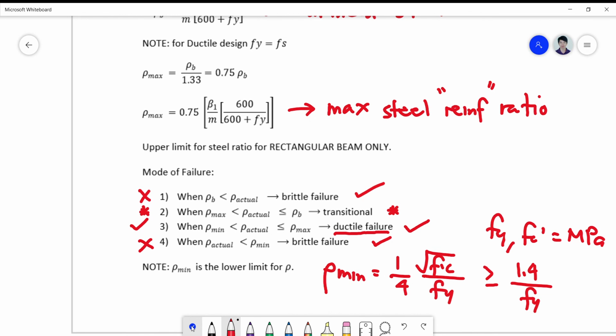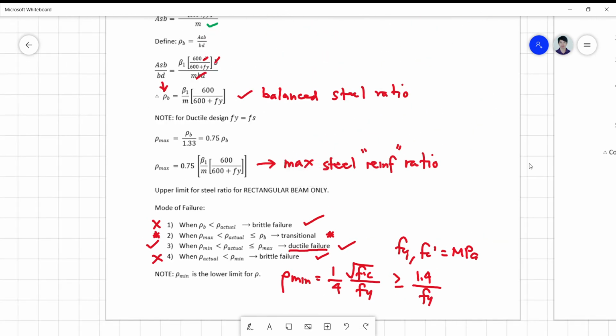So that is now your ductility conditions that we need.